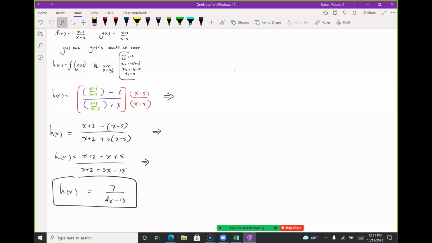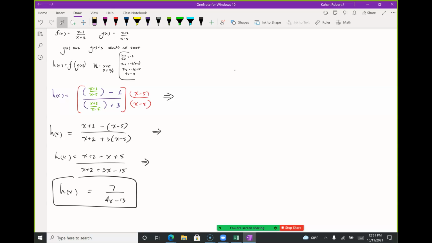What do you think? Is it a coincidence that I look at the domain of h? What number do you notice is really bad for me? 13/4. I knew that before, but I also can't put in 5.